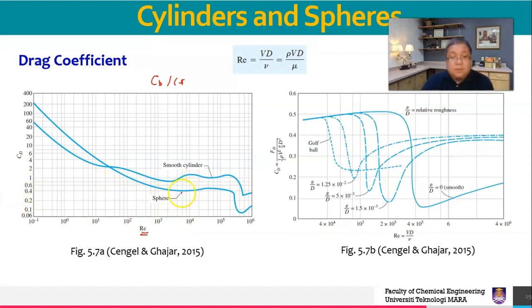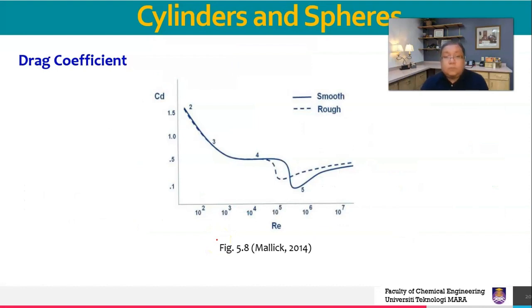For example, if it is pure, if it's a small cylinder, the CD value is much more. Okay, so we will look at the solution after this. They have an example, and then you also have this so-called smooth or rough, based on Malik 2014.